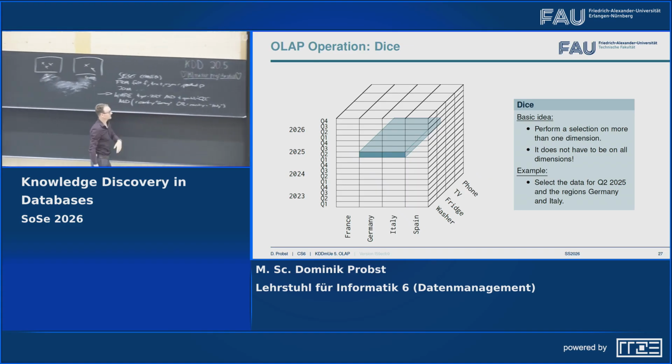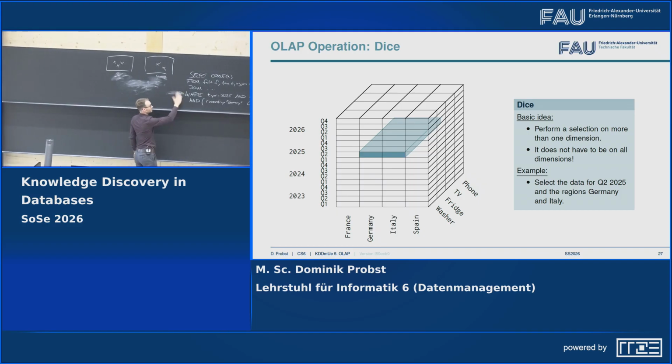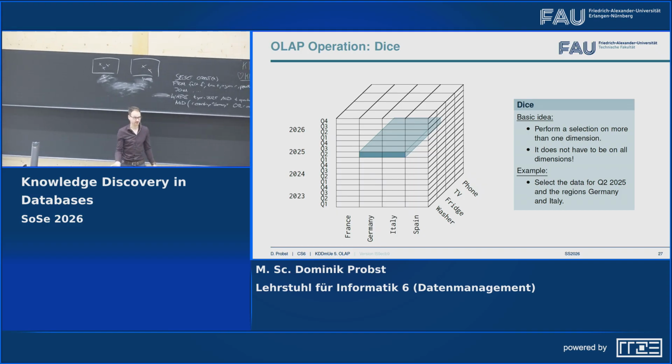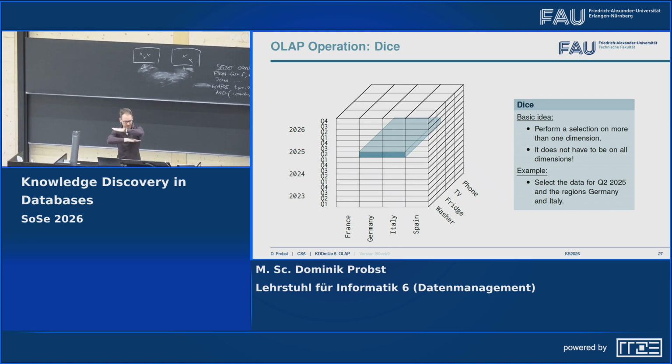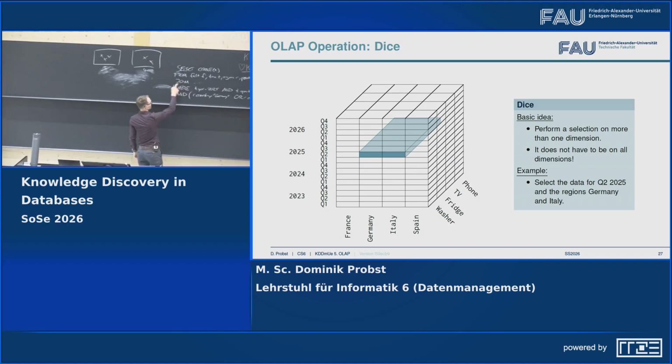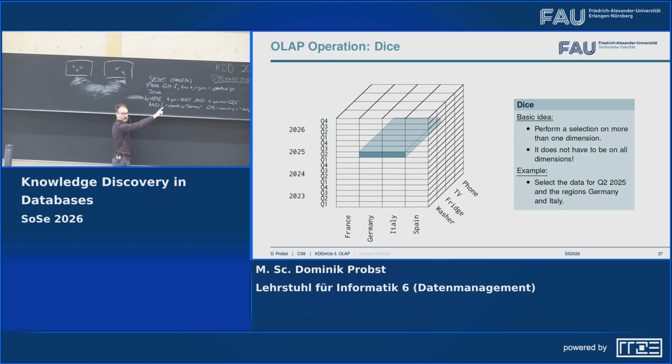This wouldn't be called a slice anymore, but this would be called a dice. Since I basically do not select a whole layer, but I select a smaller dice. So this process in here would be called a dice.